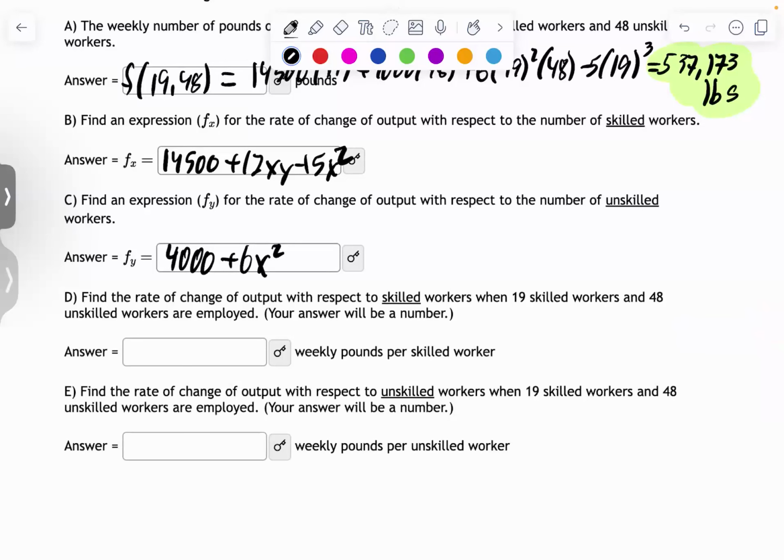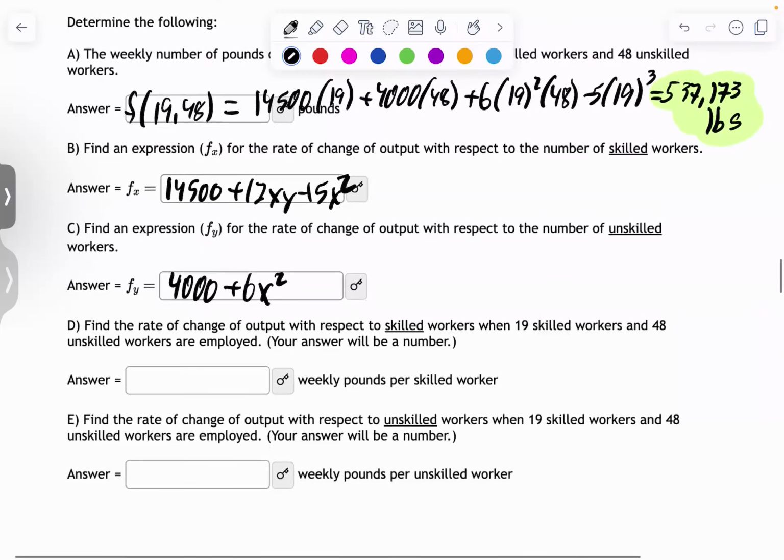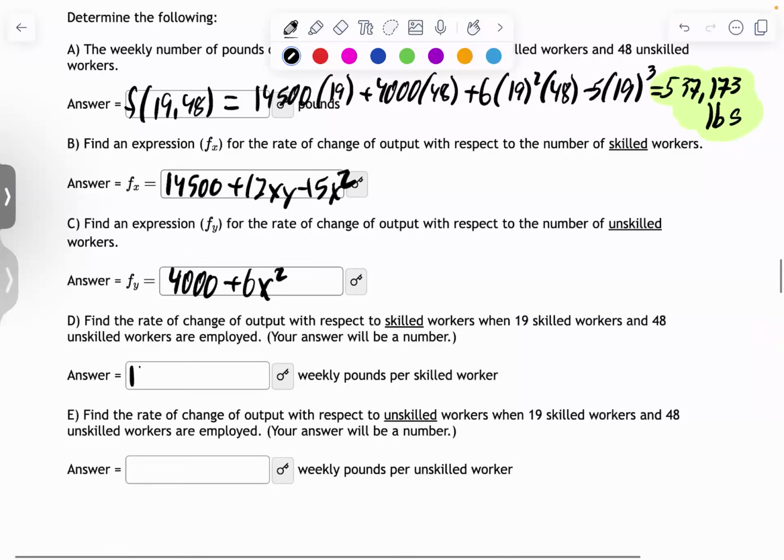Find the rate of change of output with respect to skilled workers when 19 skilled workers and 48 unskilled workers are employed. All right, so that means I'm going to take the answer to part B and plug in.